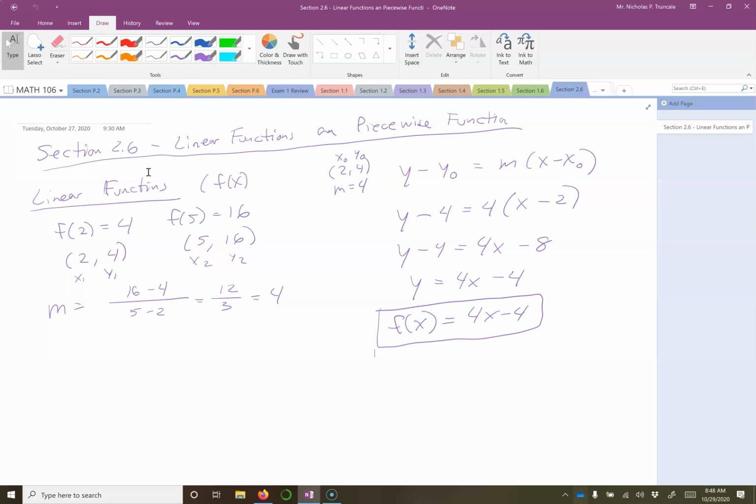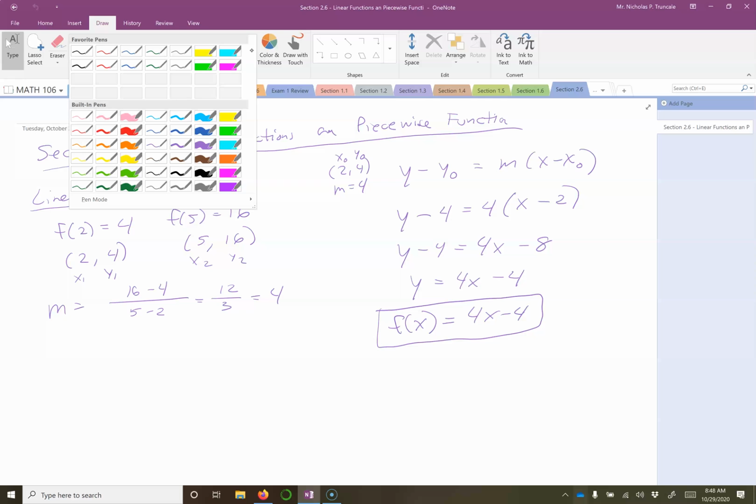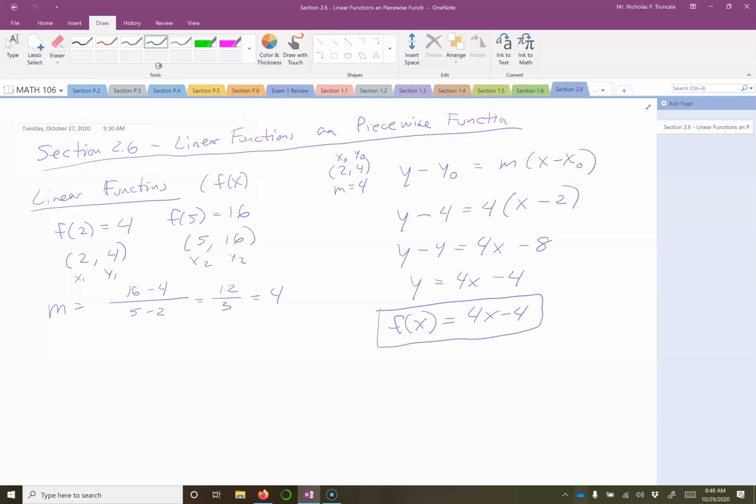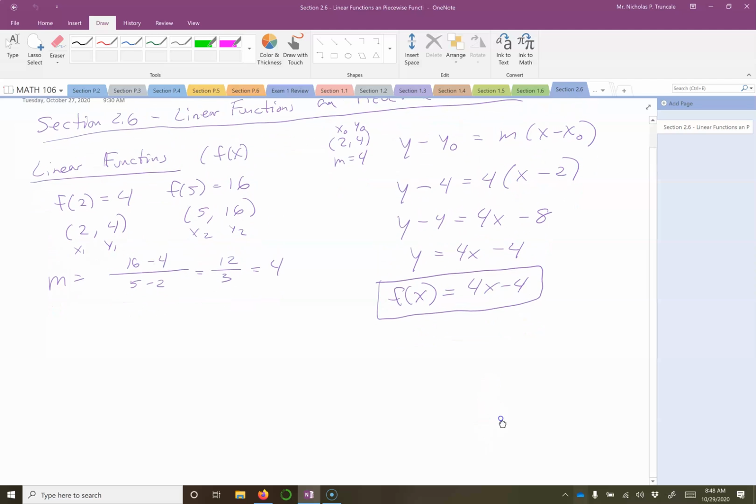We're going to talk more about different types of functions in the next section, but I only really wanted to cover two types of functions that you need to know coming out of section 2.6. The first one is one we've been working with. We worked with it all in 2.4 and then all in 2.3. It was a linear function, and it's essentially how to write out the equation. So this is actually a good review on functions. So let's just do another example.